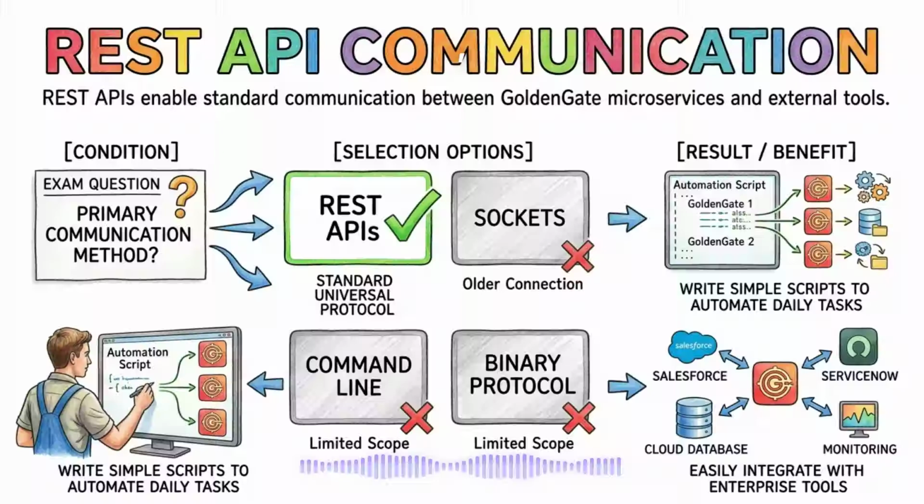All of these microservices communicate with each other using a standard technology called REST application programming interfaces, commonly known as REST APIs. A REST API is essentially a universal language that allows different software programs to talk to each other over a network.